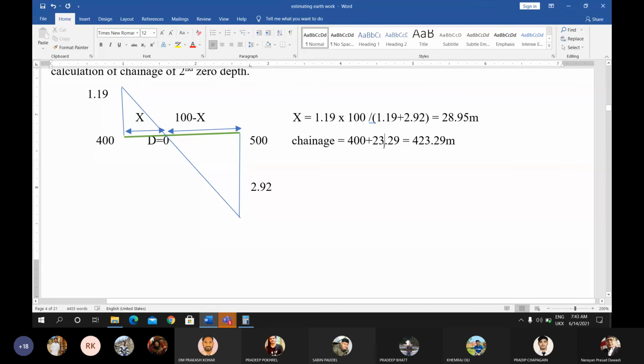After adding this, 28.95 meter, then it is 428.95 meter.